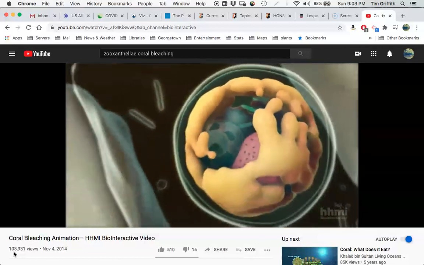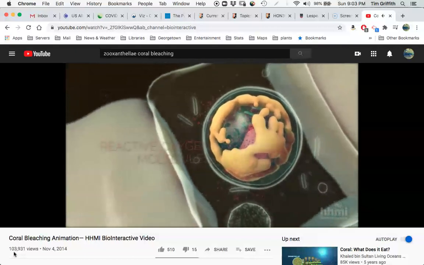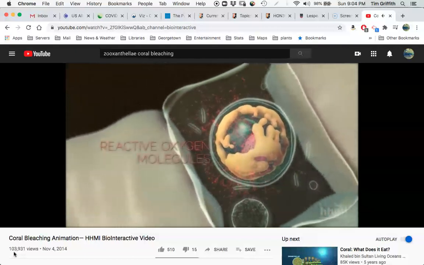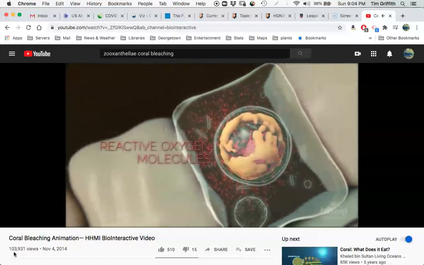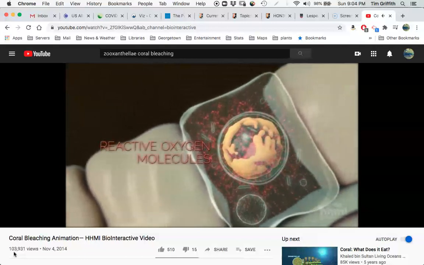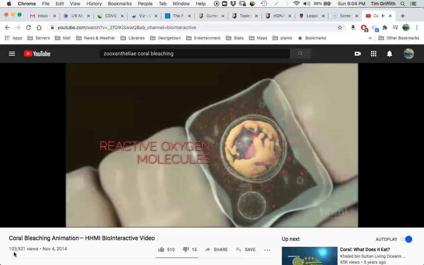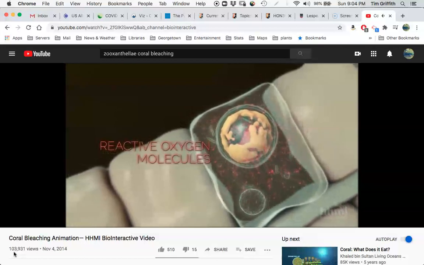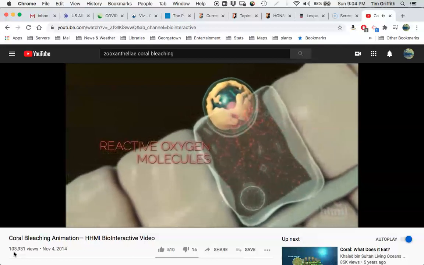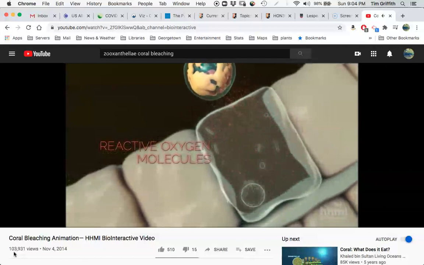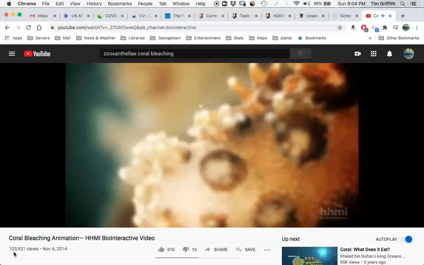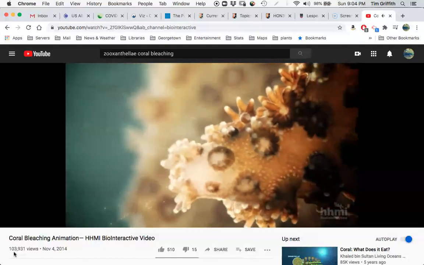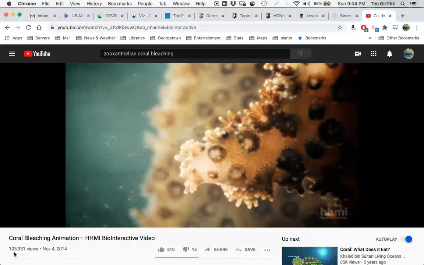But the rain of photon keeps going. the energy is still there, and as a consequence, that energy is now turned into reactive oxygen molecules. Those are damaging to cells, so it damages the inside of the symbiont, it damages the inside of the coral cell, and they spit the symbiont out. That spitting of the symbiont out by one coral cell isn't bad, but if the entire colony does it, then that's coral bleaching.